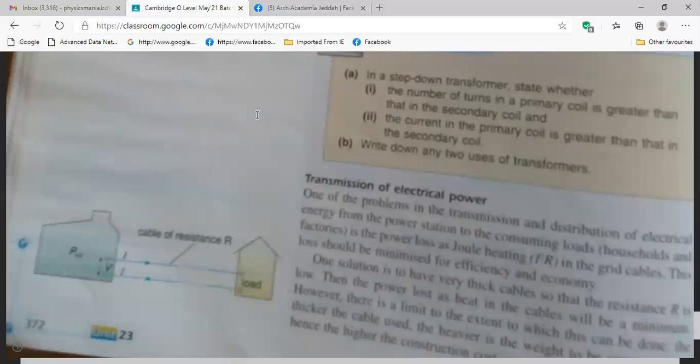So whatever cable you are using, if you are using a thin cable, there is more possibility to have thermal energy, right? You can use a thicker cable to carry that current, but a thicker cable will be more expensive, right? And it will be heavier to install or to hang overhead, and it takes more space.